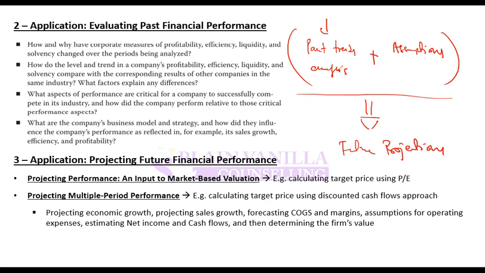For example, you can find out that profitability improved from 15% to 17%. So in future you can project an improvement from 17 to 19%. Just an example. So based on past ratio analysis, common size analysis, trend analysis, which is all financial statement analysis, you can forecast or project the future by combining it with your assumptions.